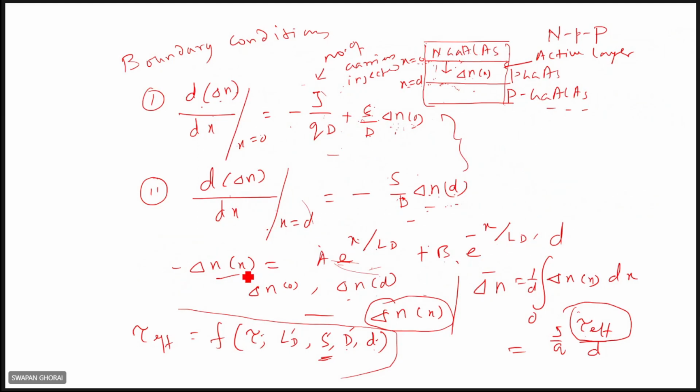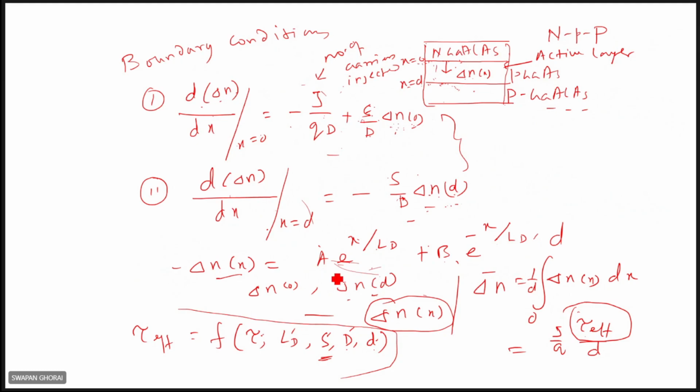Now delta N0 you can find by putting x equal to 0: a plus b. And delta N d at x equal to d, x is replaced by small d. So we get two equations and two variables, a and b.